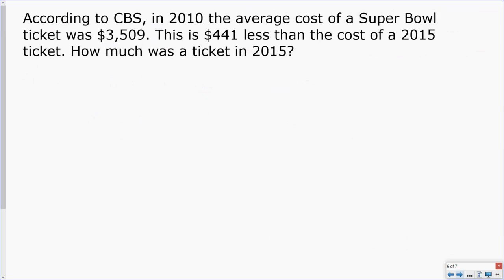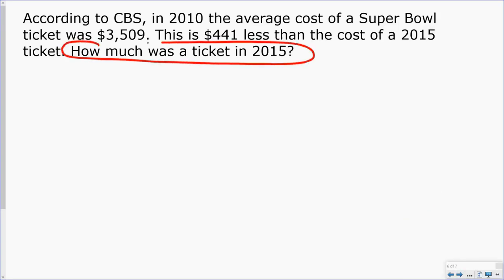Let's look at this situation. According to CBS, in 2010, the average cost of a Super Bowl ticket was $3,509. This was $441 less than the cost of a 2015 ticket. How much was a ticket in 2015? So again, I need to take a look at my question to figure out what my variable is.